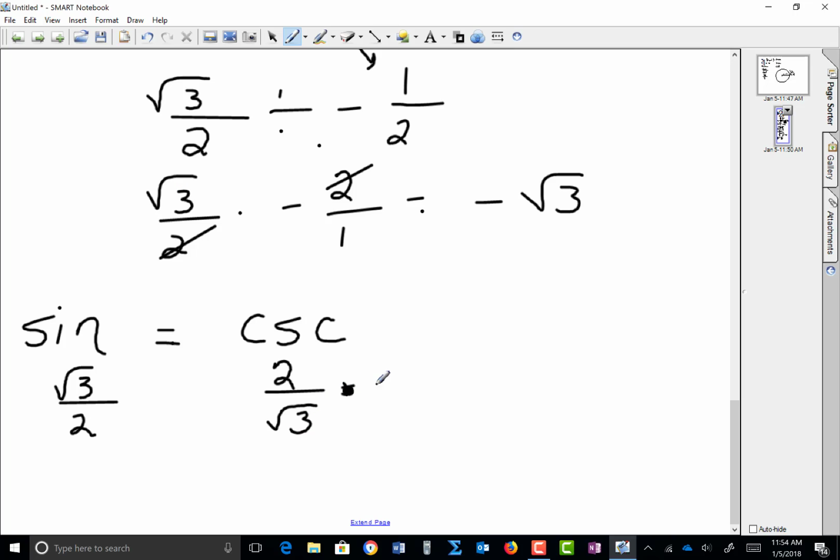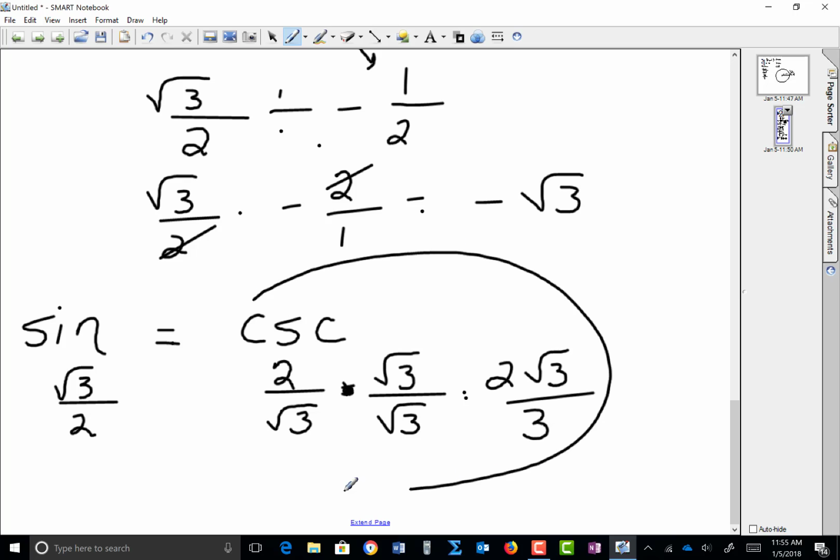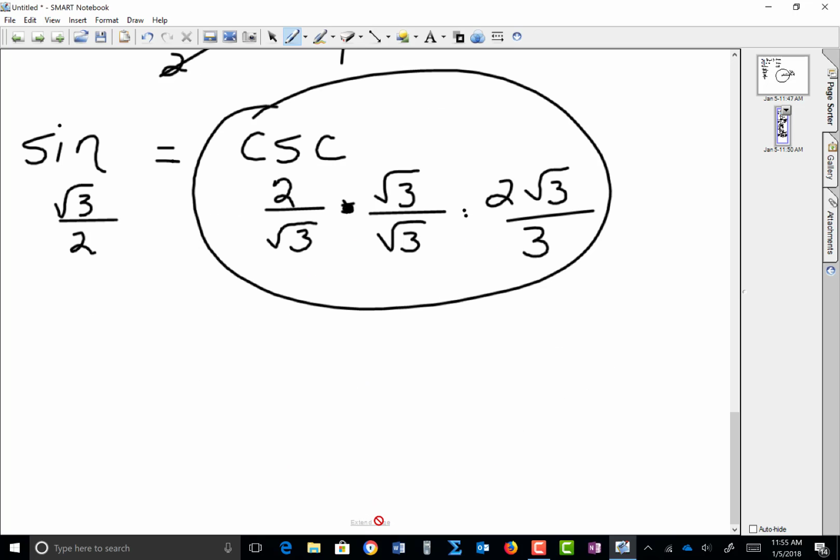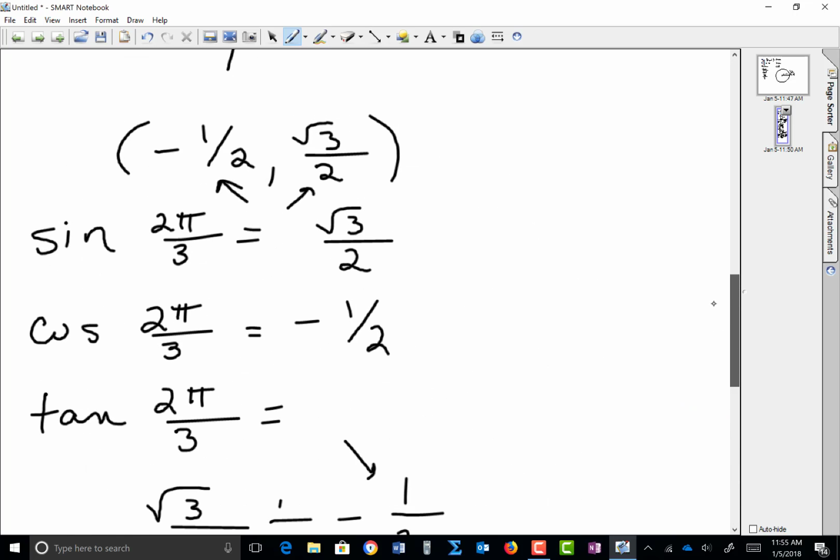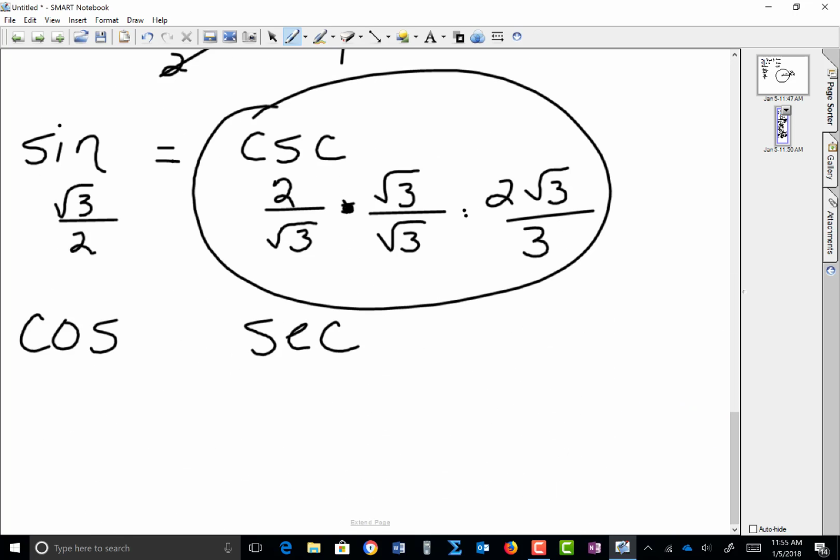And if I rationalize by multiplying both the top and the bottom by the radical, I get 2 square root of 3 over 3. So that would be the cosecant. If I do the reciprocal of the cosine, remember that that is secant. And for my cosine, I got negative 1/2. So if I flip negative 1/2, I get negative 2. So that would be my secant.